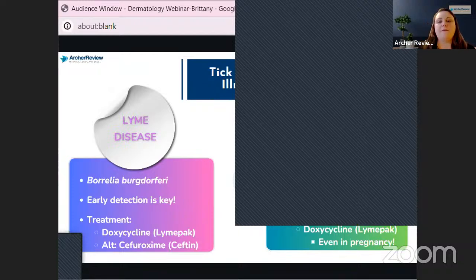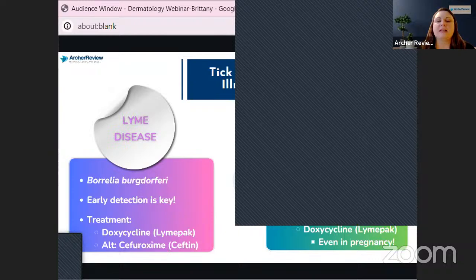The main thing for both of these tick-borne illnesses is that early detection is really important because this can progress to create cardiac or neurological symptoms. And our treatment for both of those is going to be doxycycline. So that's the main thing. Used to be we treated children under the age of 8 with amoxicillin.